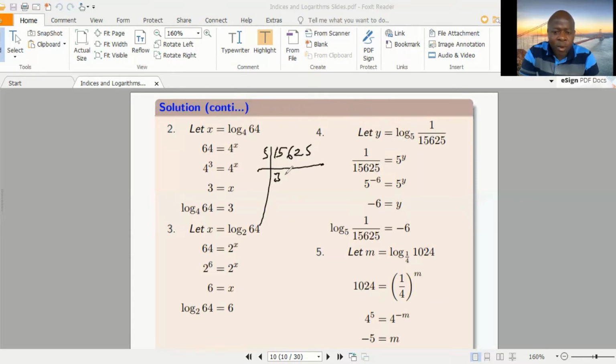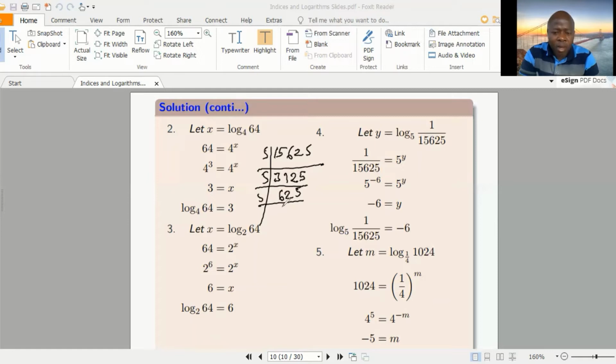Into 6 is 1, the remainder of 1 into 12 twice because of 10, and the remainder of 2 into 25, 5 times. 5 will still go into this number, 3,125, 5 times.